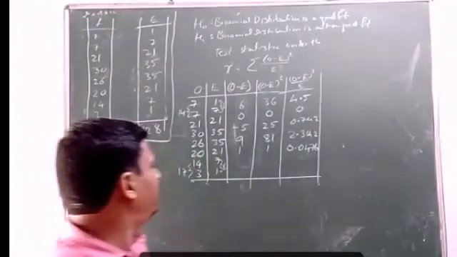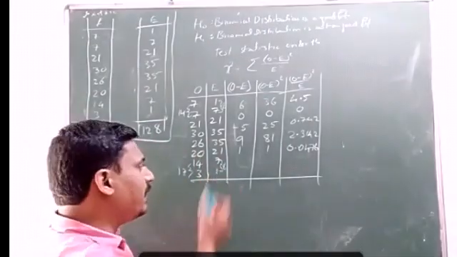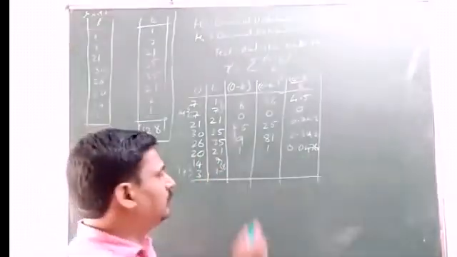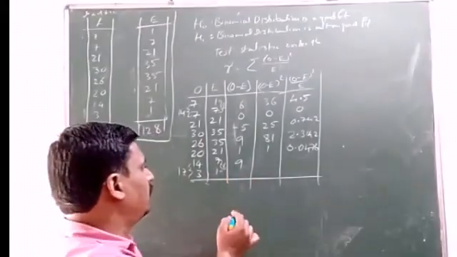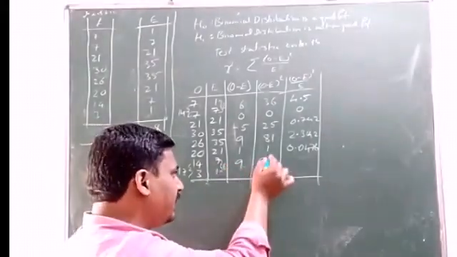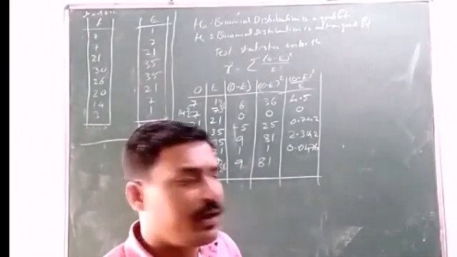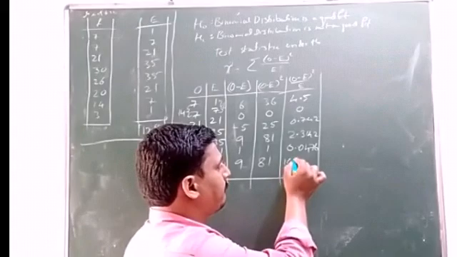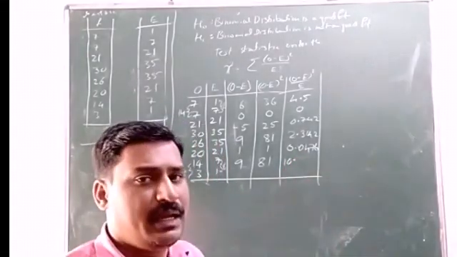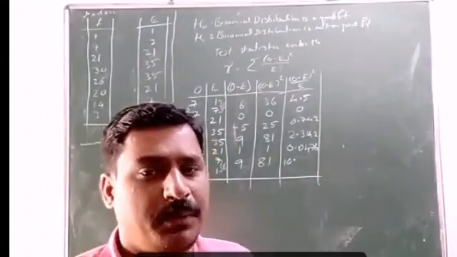And last here, 17 minus 8, that is 9. 9 square is 81. 81 divided by 8 is 10.125.